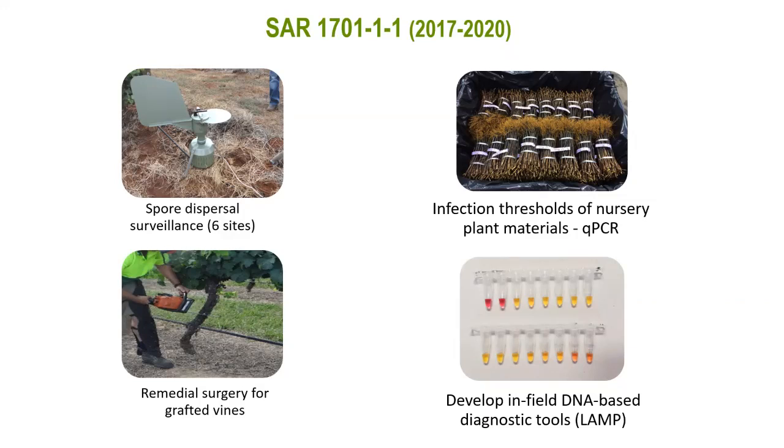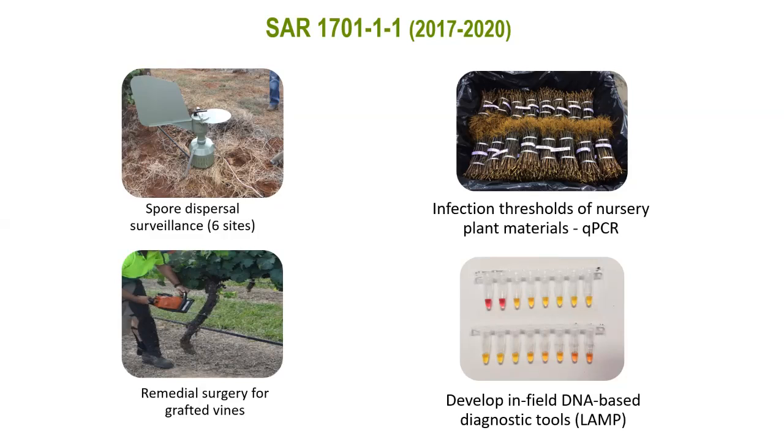And as I mentioned previously, we're continuing with the remedial surgery for grafted vines to further look at the effect of this remedial surgery on shoot production, as well as how to improve shoot production for these grafted vines.